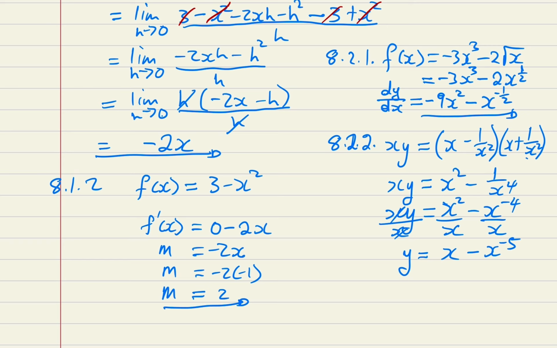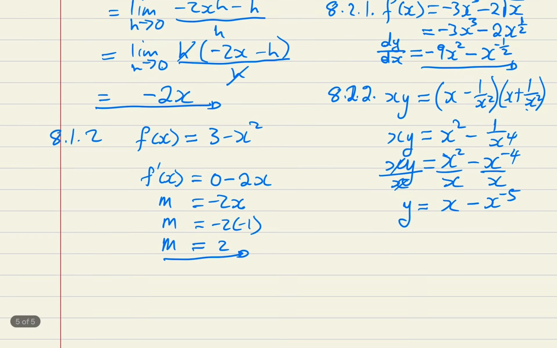Then from here I can now differentiate. dy over dx is equal to 1 plus 5x to the power of negative 6. That is how we have differentiated.